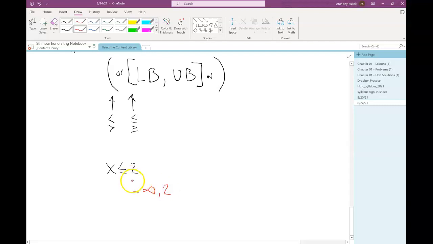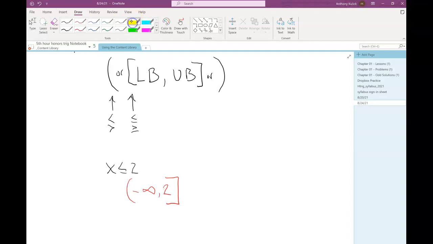Now the infinities always get a parenthesis, so we don't have to think too hard about that. And then the 2 should get a bracket because 2 is less than or equal to 2. It's a member of that set, so it should be included. And we'll be a little bit more specific with our notation than we probably were in our Algebra 2 class, where we were a little bit lax.